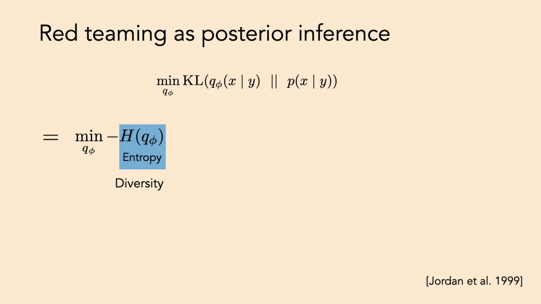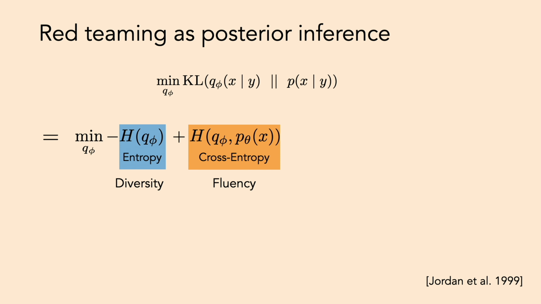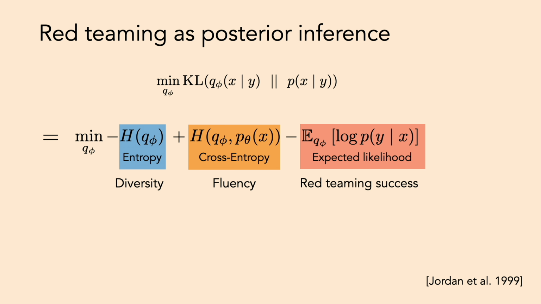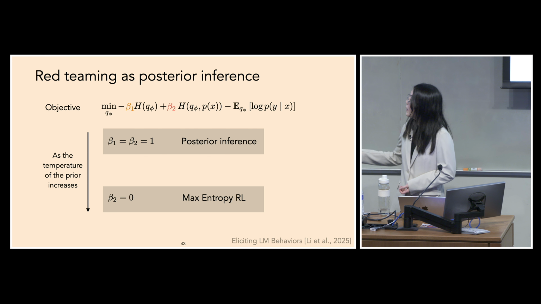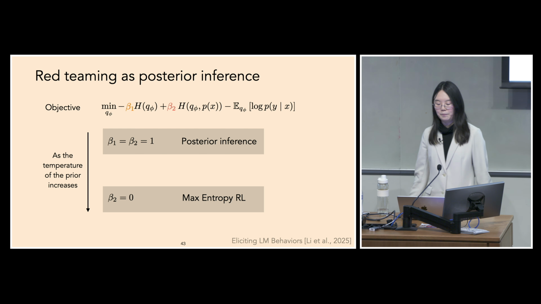First, there is this entropy term of Q phi, which measures the diversity and coverage of our distribution. There is the cross entropy term, which measures the fluency of our generated text under the prior. And there is the expected likelihood term, which captures how effective our Q phi is in terms of eliciting the unwanted string Y. So we generalize the objective by weighting the entropy and the cross entropy terms separately.